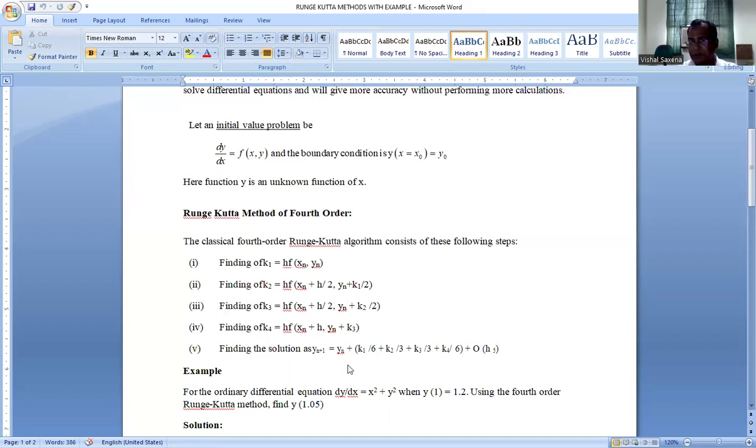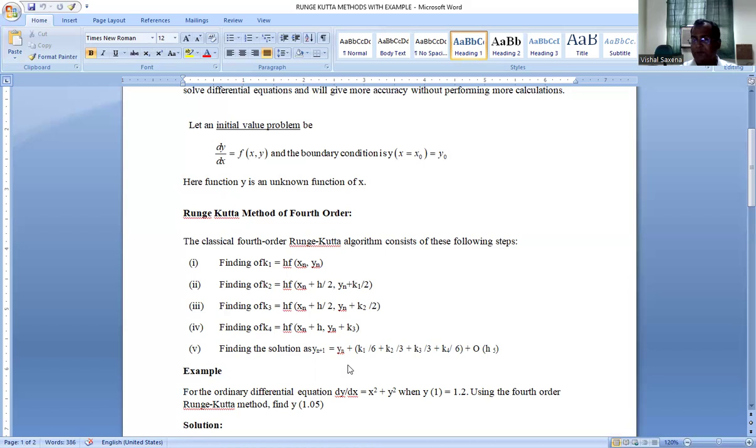Here xn and yn are the general nth values of x and y, h is the width of the class interval taken for the independent variable x, and f is the function equal to dy by dx.